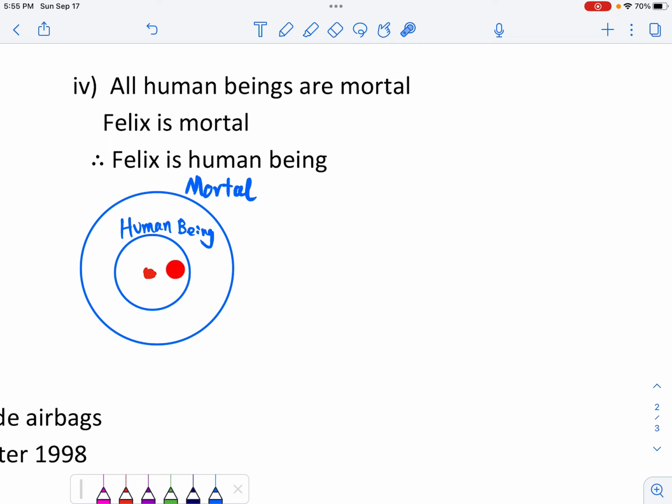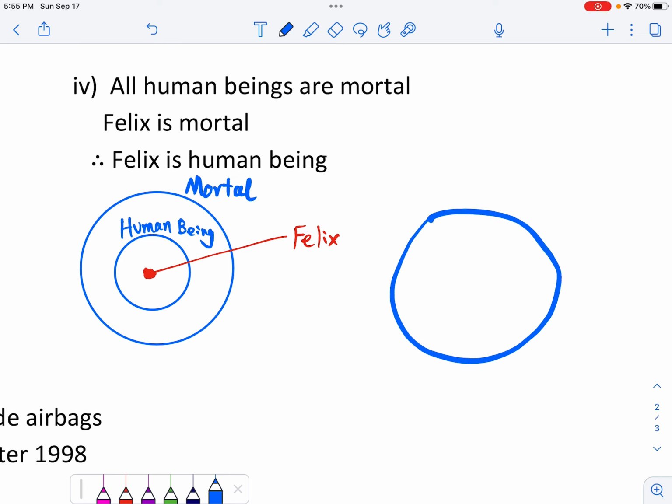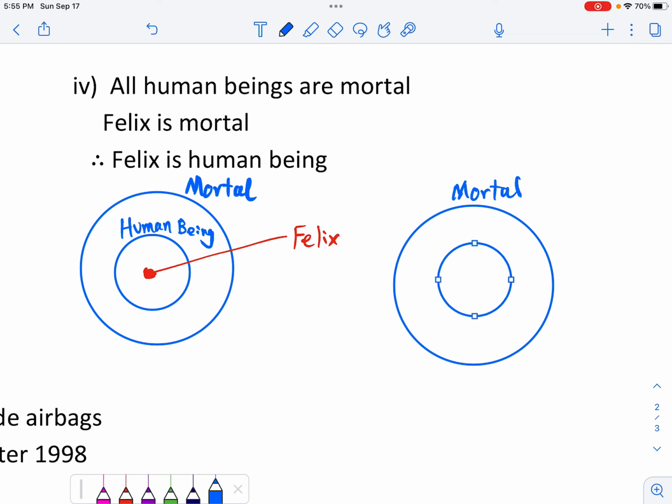Now you may feel like, okay, this is true. However, this is not the case, because of course this is one possibility. This possibility leads to this conclusion. However, in order for this to be valid, we have to consider all the possibilities. Like here, human being.